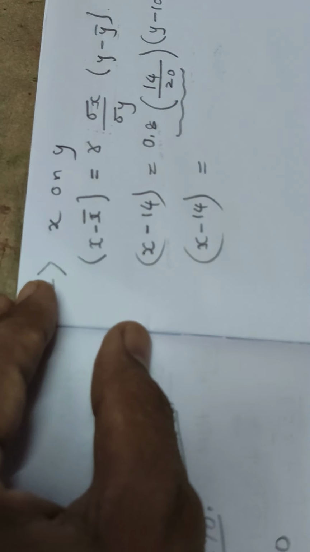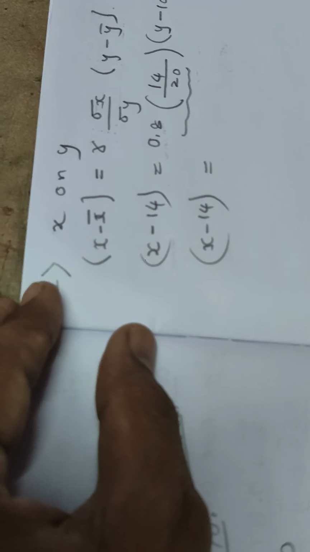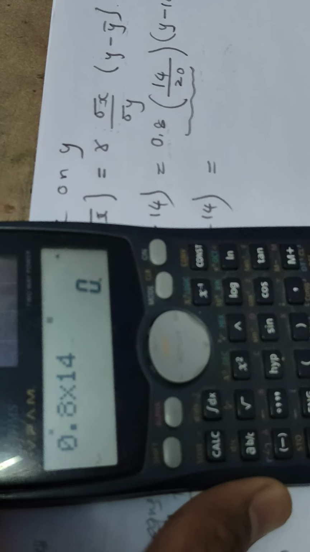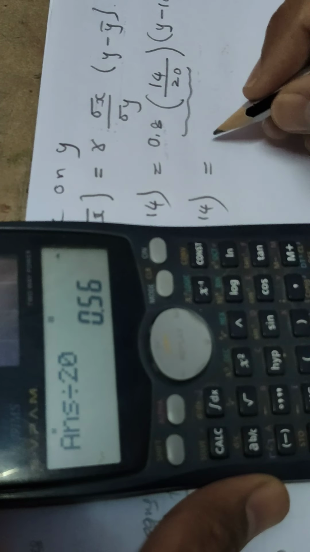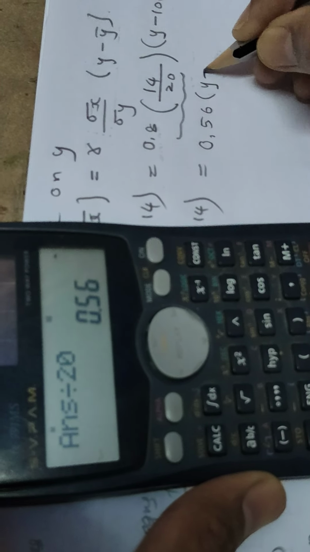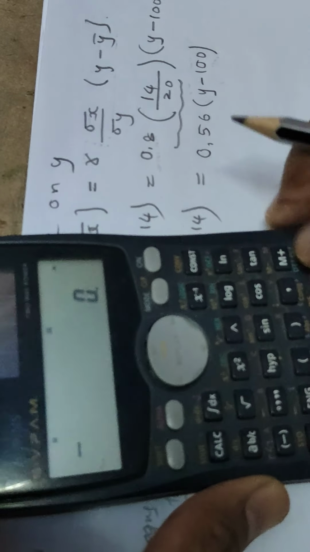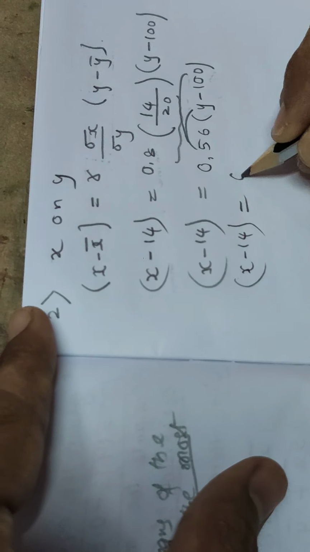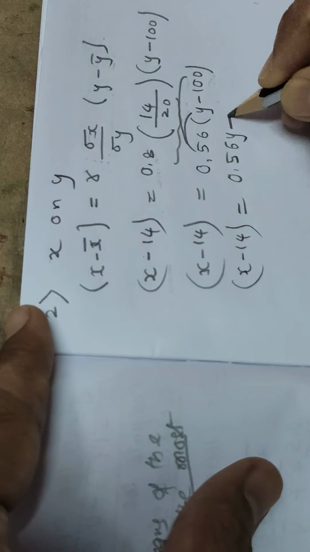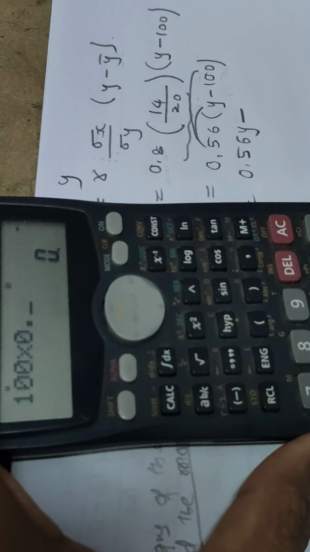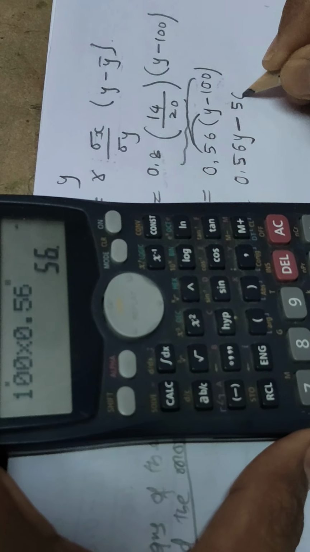So x minus 14 is equal to 0.8 into 14 divided by 20. I will simplify this term first so that it is easy to frame the equation. That gives you 0.56 into y minus 100. Now I will multiply inside the bracket: x minus 14 is equal to 0.56 y minus 100 into 0.56, that gives you 56.